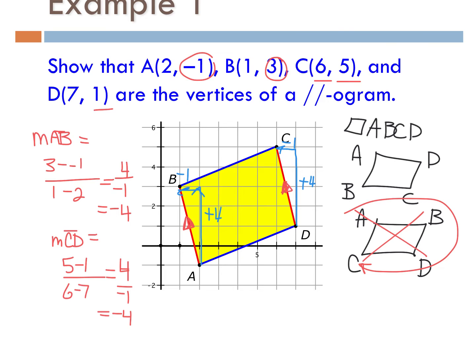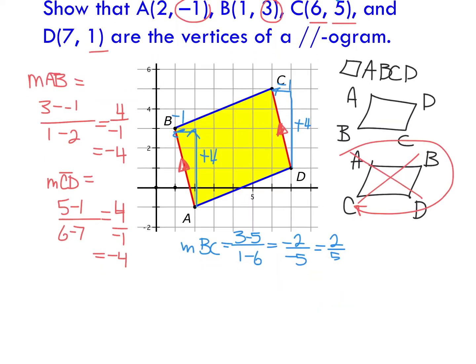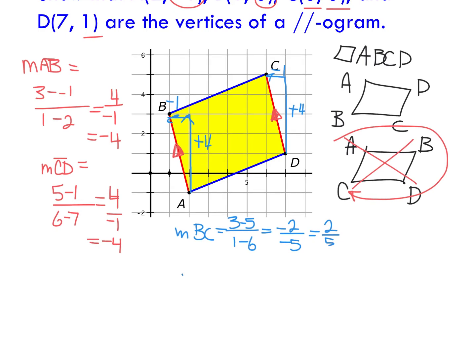Now I have to do the blue sides. So I'm going to do slope of BC. So for BC, it's going to be 3 minus 5 in the numerator over 1 minus 6 in the denominator. This gives me negative 2 over negative 5. That's positive 2/5. And then I'm going to do the slope of AD.